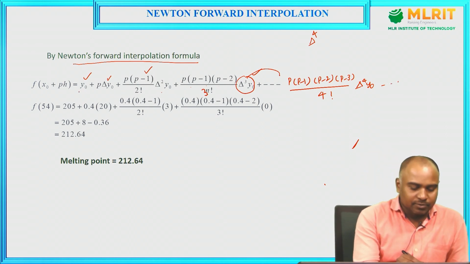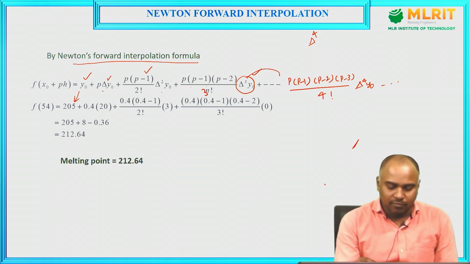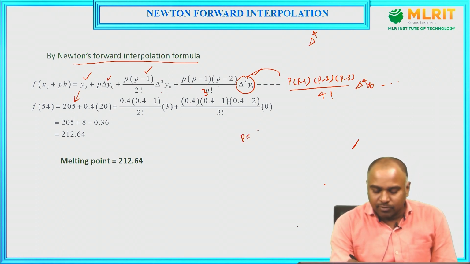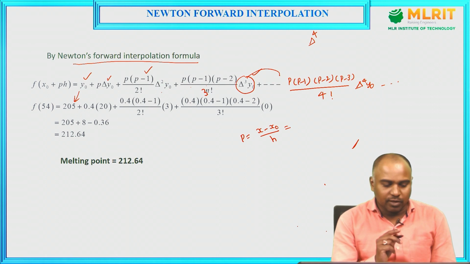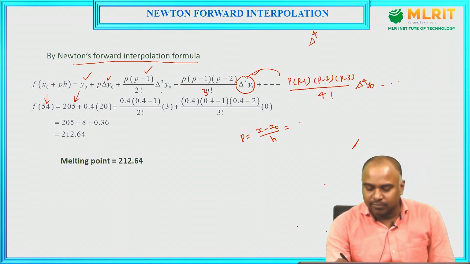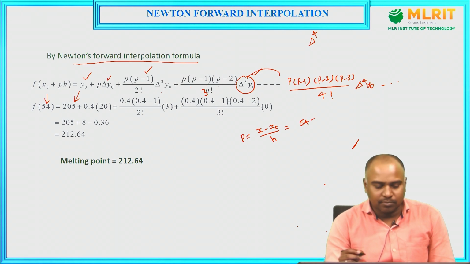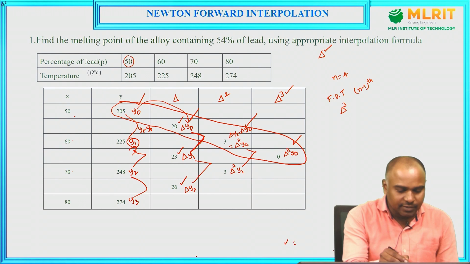Now we substitute as we see from the table: y0 is 205, and p we need to find. As I said, p is (x minus x0) by h. x is the value we are trying to find, which is 54, minus x0. x0 is the starting value of the x series, which is 50.